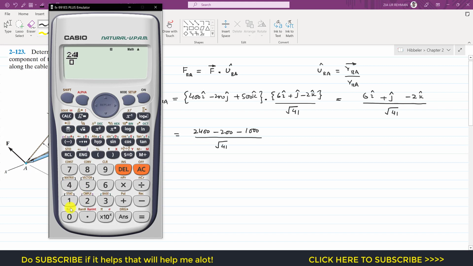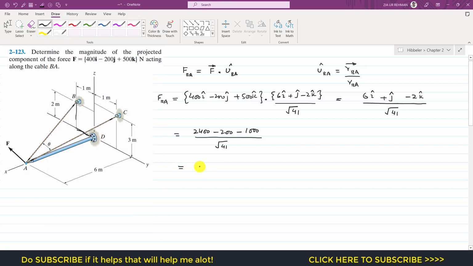So 2400 minus 200 minus 1000, divided by square root 41, is 187.41. 187.41 Newton is the magnitude of the projection of that force F along BA.